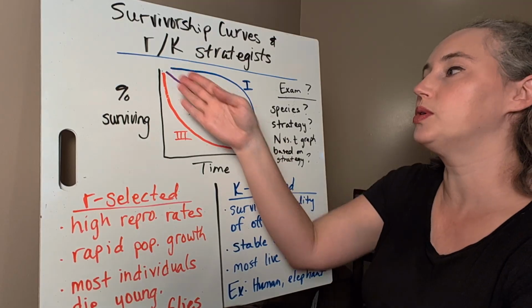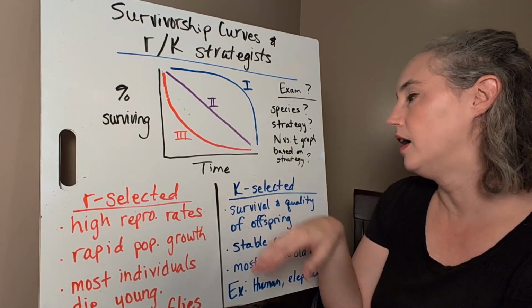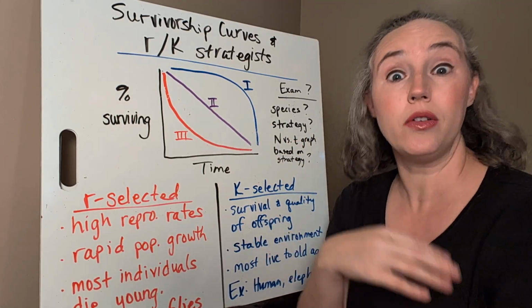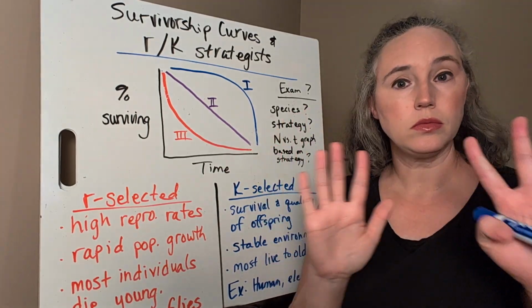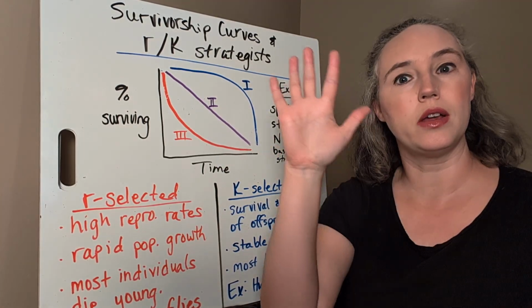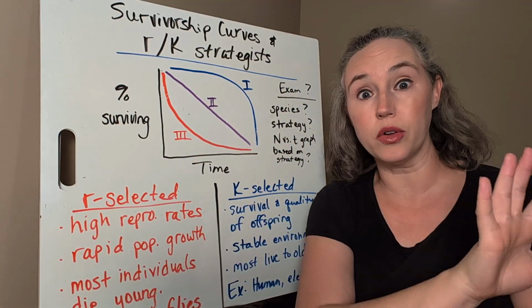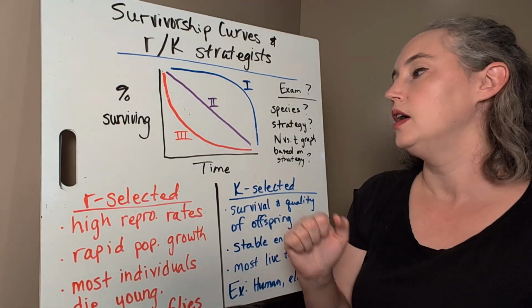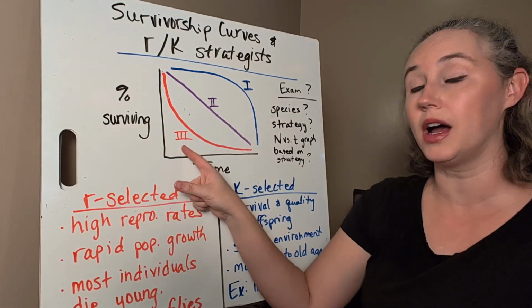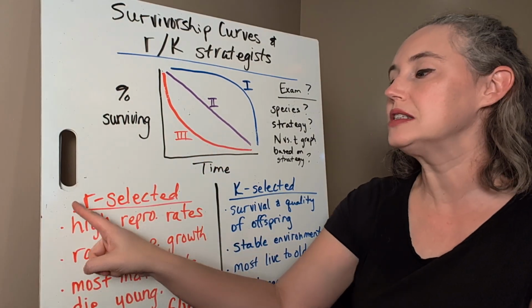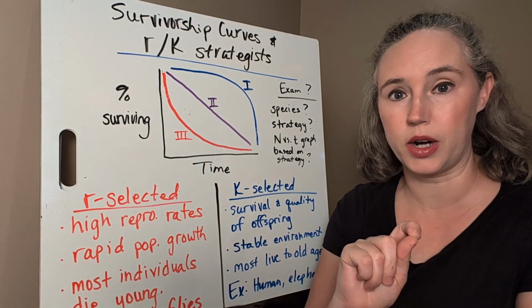And then if you were going to put this into a population over time graph, what might that look like? You can think, if this graph is true, what could another graph look like? All right, let's start with the red or type 3 growth, which is R, an R selected strategist.